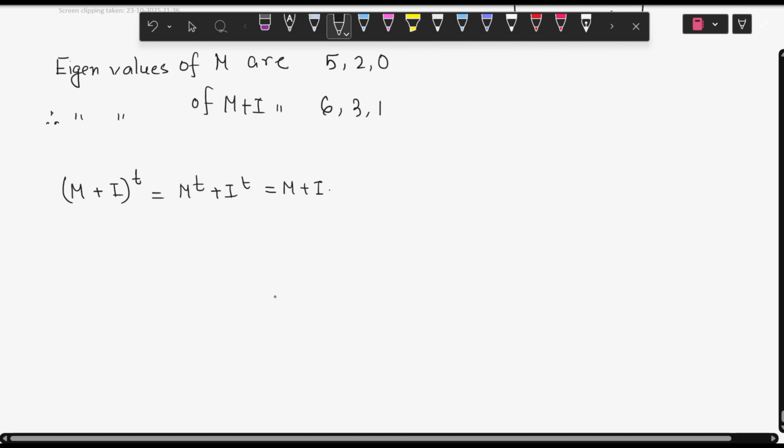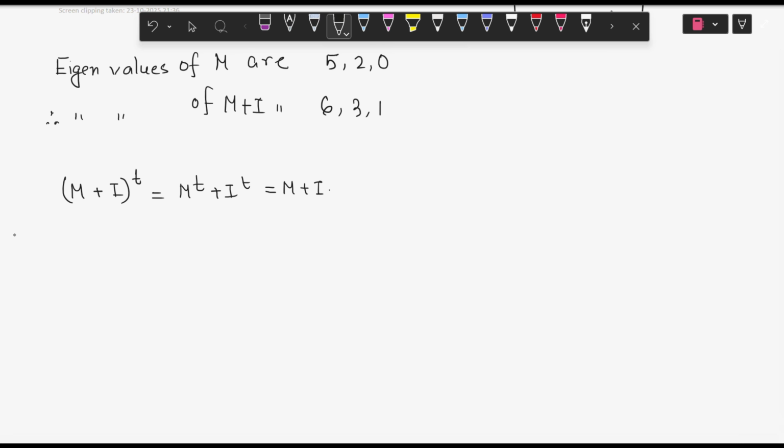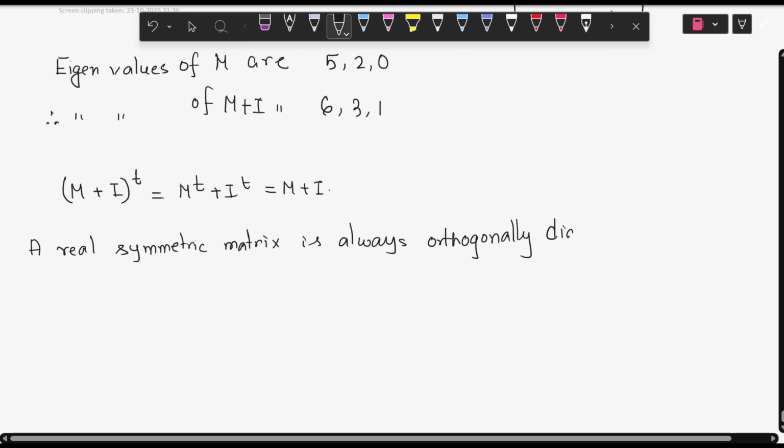Now there is a very beautiful result about a real symmetric matrix, that a real symmetric matrix is always orthogonally diagonalizable.